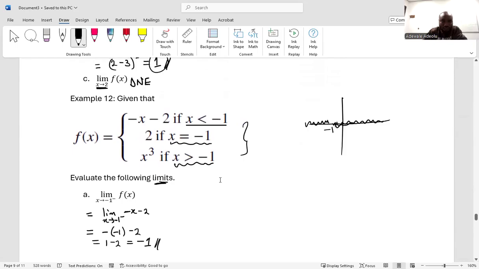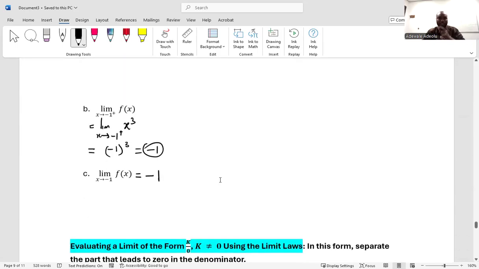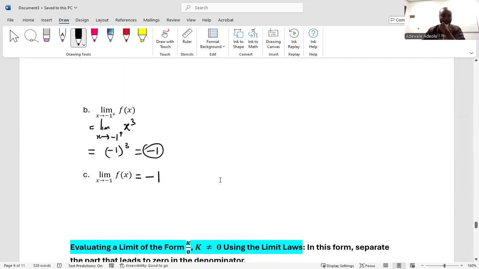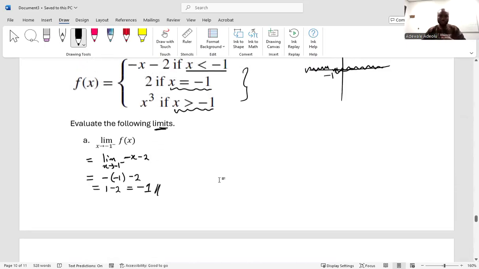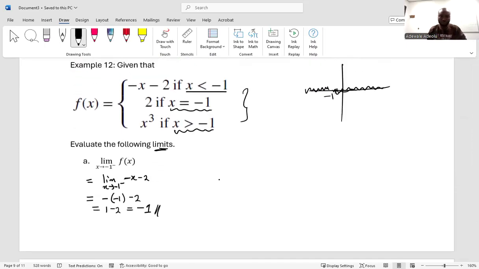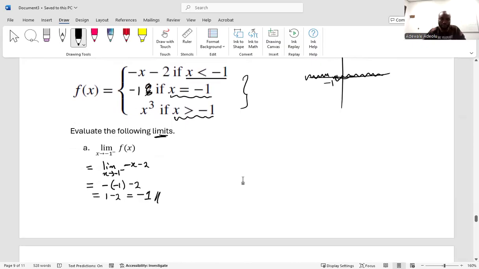So there is a problem with this. Let me change this to -1.